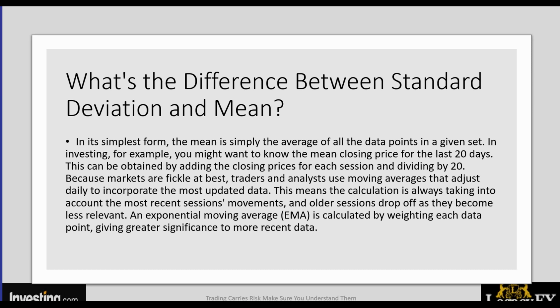In investing, for example, you might want to know what the mean closing price was for the last 20 days. So this can be obtained by adding the closing prices for each session and dividing by 20, or the 20-period moving average. Okay. But that's just the bare beginnings because that's what standard deviation is based on.